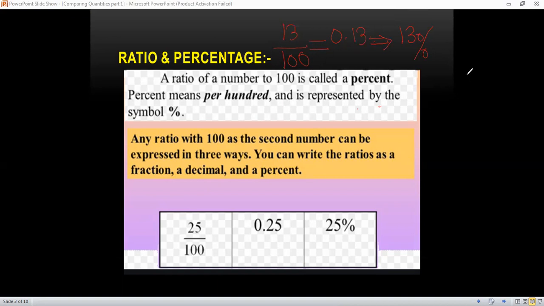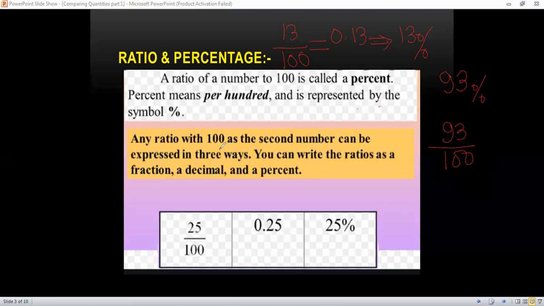For example, in your exam, when you got 93%, that means you have got 93 upon 100. So this is a ratio where the denominator is 100.